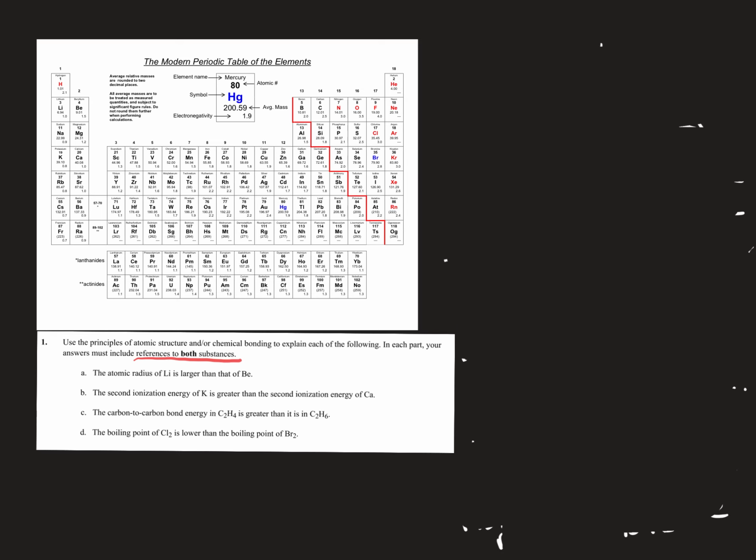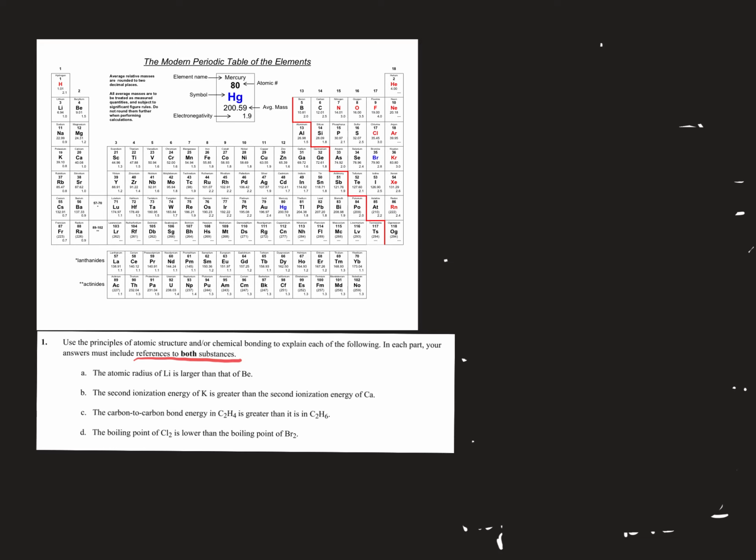So it was 1 point for indicating that beryllium has more protons than lithium, and 1 point for indicating that since the electrons are about the same distance, there is more attraction in beryllium as a result of the larger number of protons. Both lithium and beryllium have their outer electrons in the same shell.